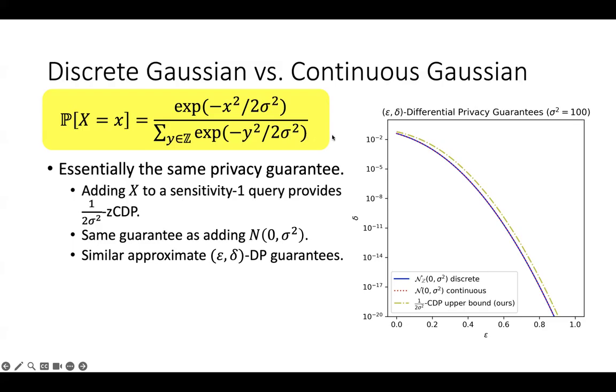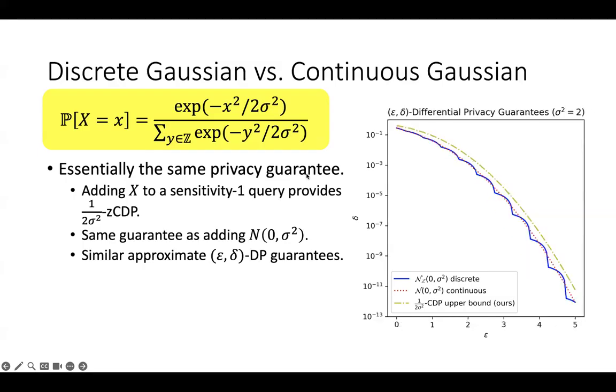What happens if we make the sigma smaller? Well, then we can start seeing that there is a difference between the privacy guarantees of the discrete and continuous Gaussian. In particular, the discrete Gaussian ends up having kind of a bumpy trade-off curve between epsilon and delta. So they're not exactly the same, but for the parameter regimes of interest, they are basically indistinguishable.